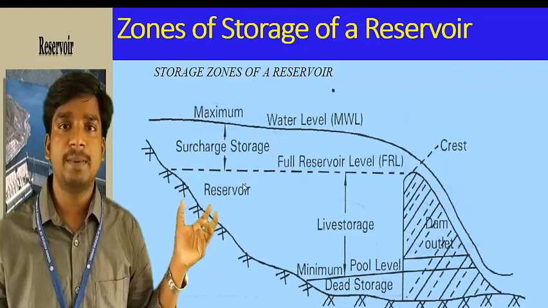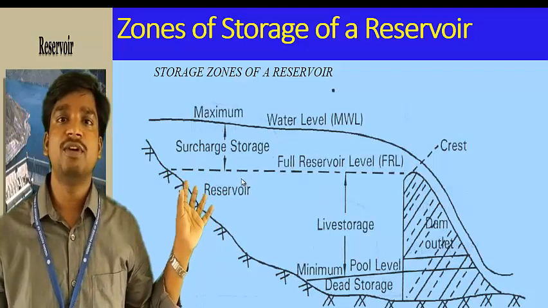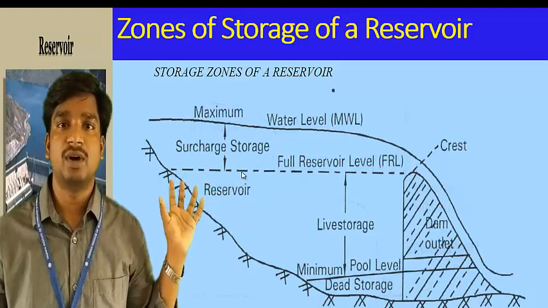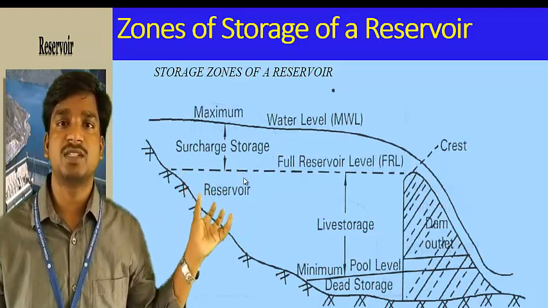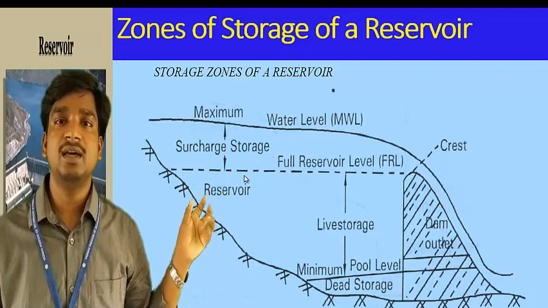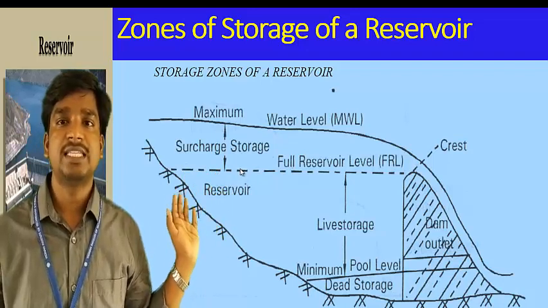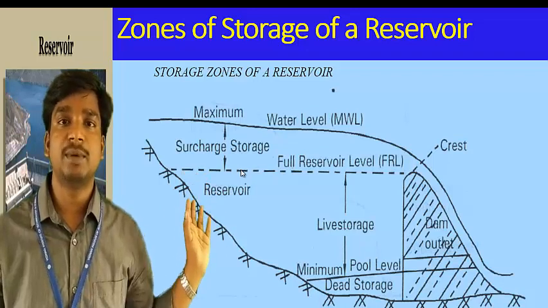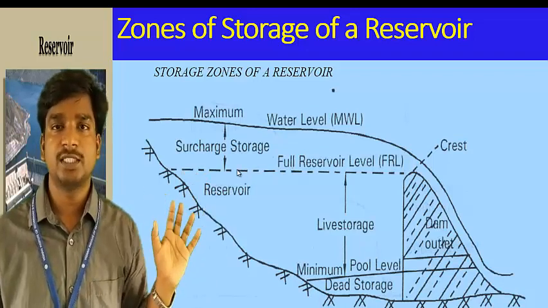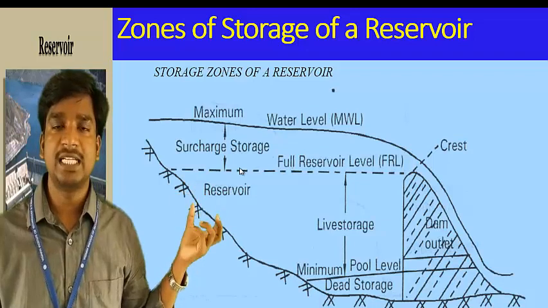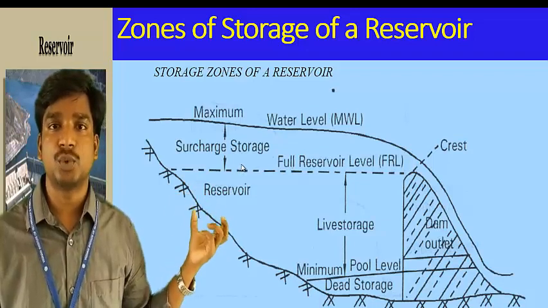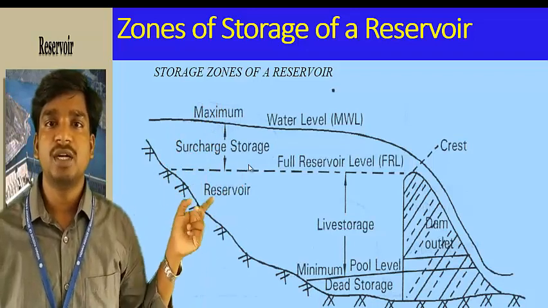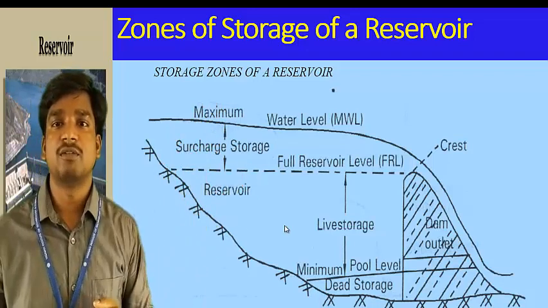So during the planning of the reservoir, this dead storage is provided apart from the reservoir levels. The purpose of this dead storage is to collect the silt, and as and when required, the silt may be removed from the dead storage. While planning itself, we are providing this dead storage. Now this is the pictorial view of the different zones of a reservoir.